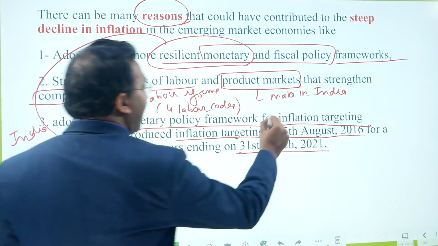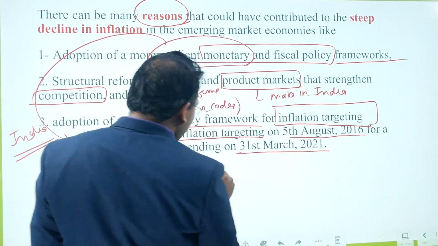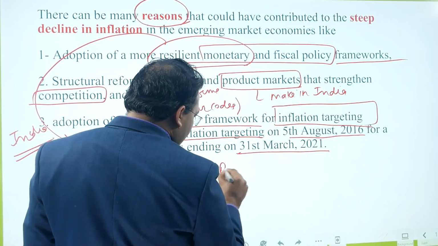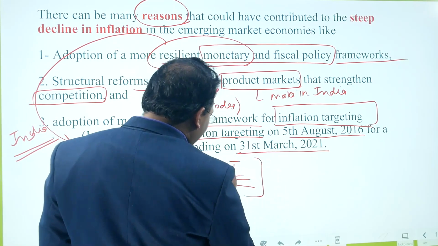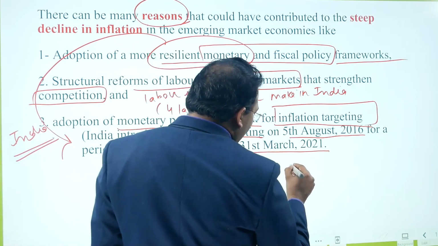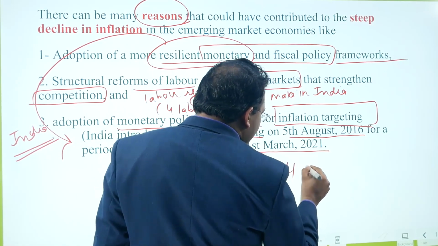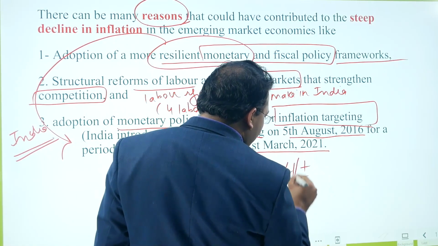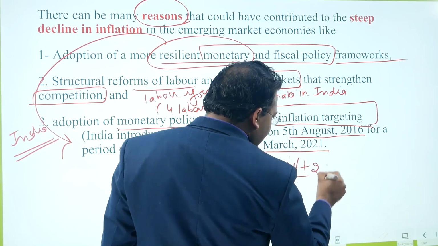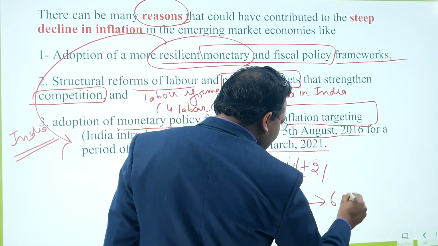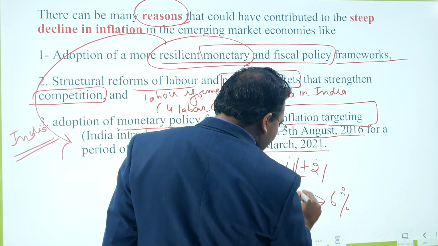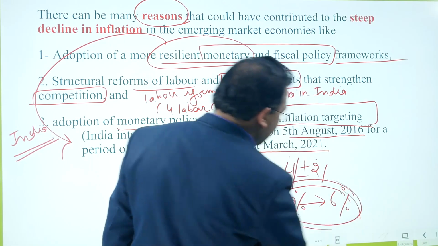So this inflation targeting framework says that there will be a nominal anchor, which is CPI, Consumer Price Index. This nominal anchor says that the inflation rate can be 4% plus minus 2%. That means the minimum 2% and maximum 6% is the tolerable limit as far as the inflation is concerned.